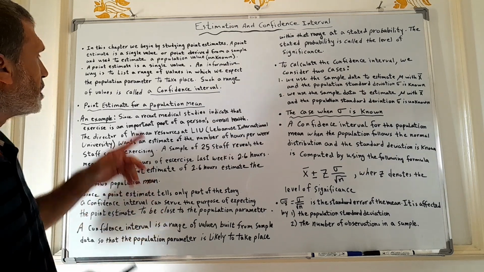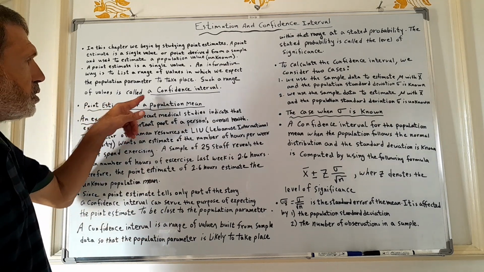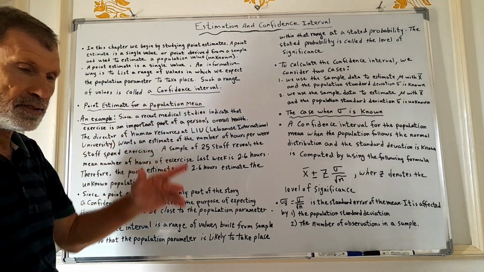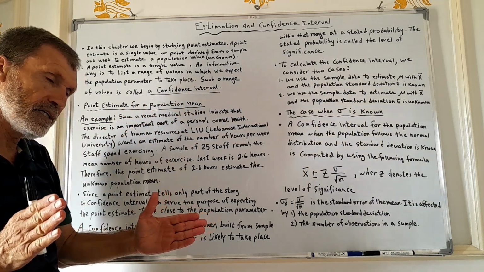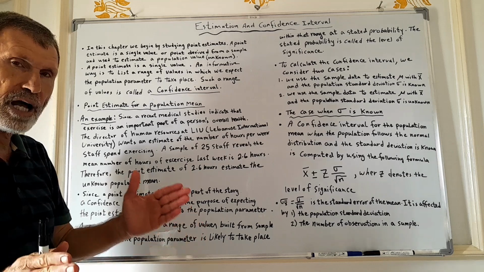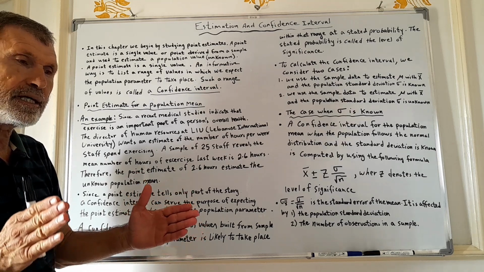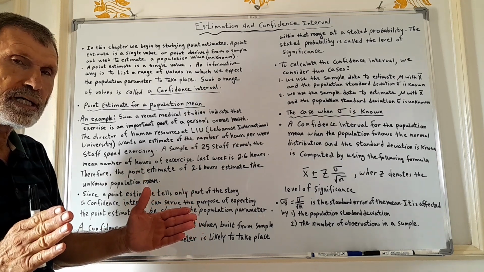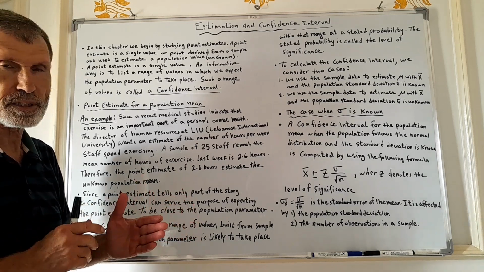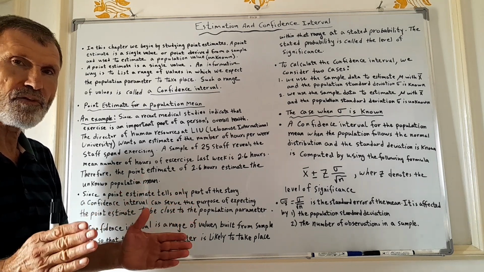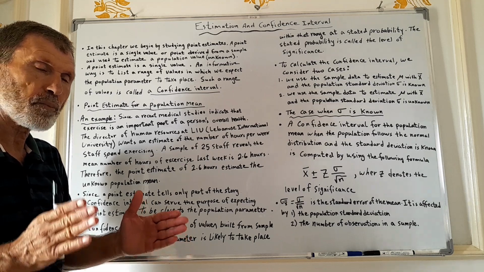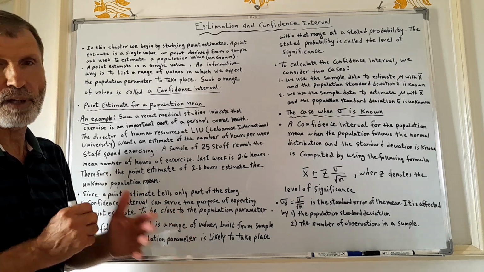Such a range of values is called the confidence interval. Therefore, a confidence interval is a range of values that contains the population parameter. So within that range of values, we expect the population parameter to take place.